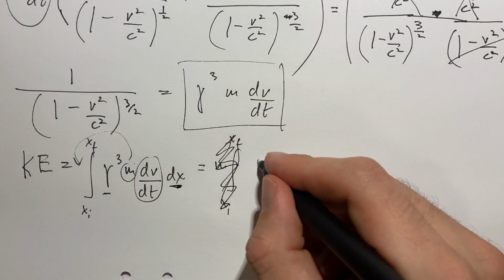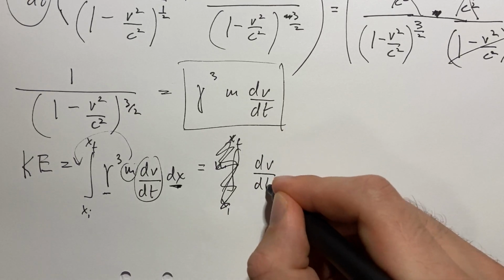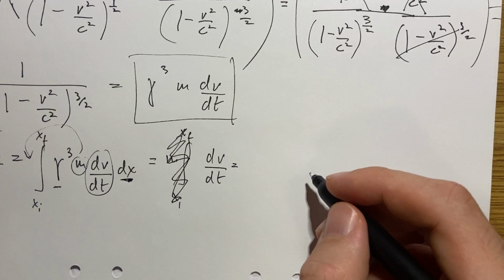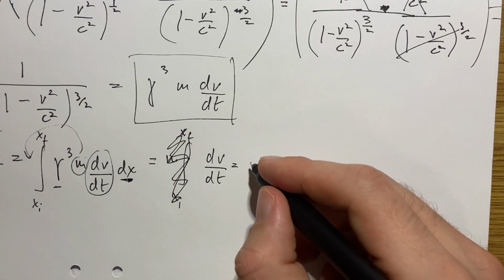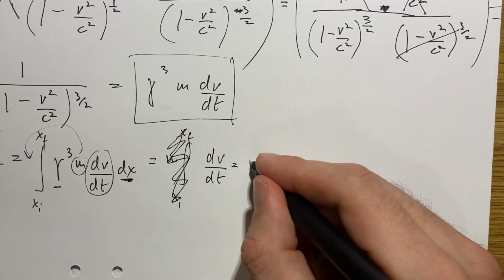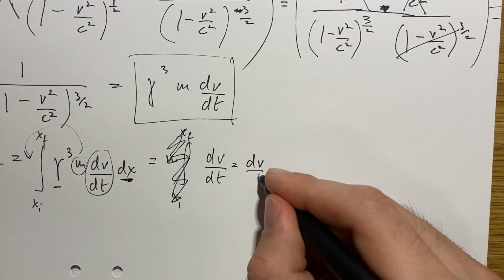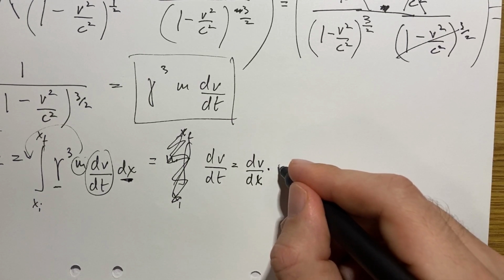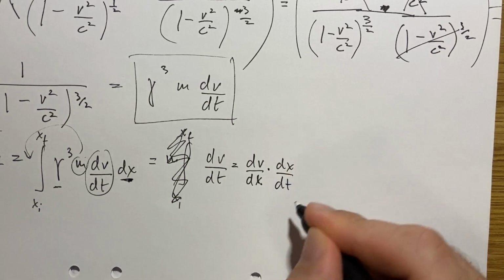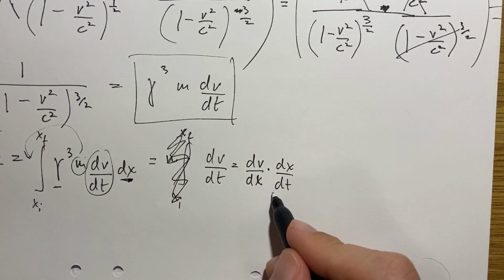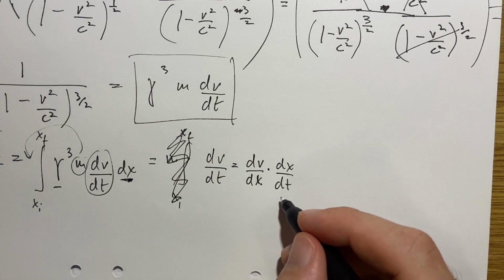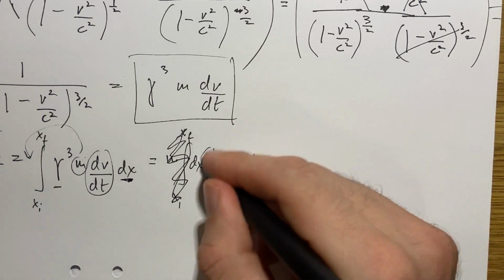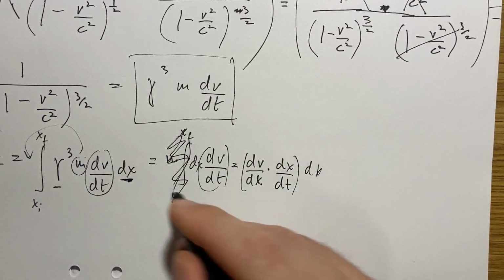Let's take this expression, dv over dt, and let's use the chain rule again. Just like before, the chain rule will tell us that it is dv by dx times dx by dt. That's completely right. And then we have dx here.